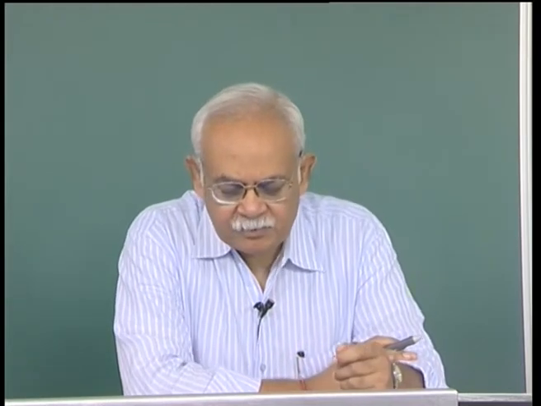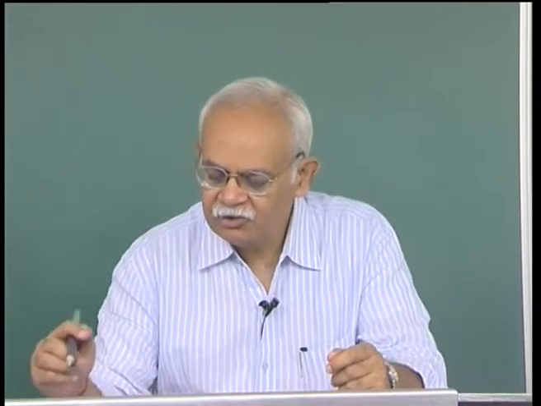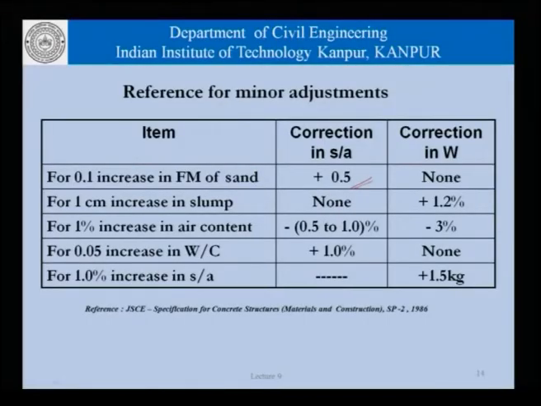If the fineness modulus of sand increases by 0.1, then we need to increase the S by A by about 0.5. We do not need to adjust for water content in the mix.